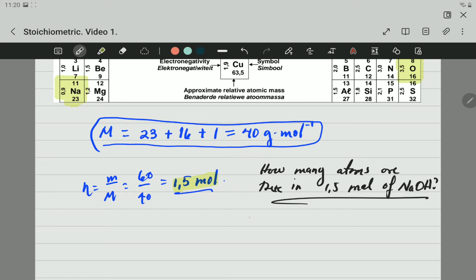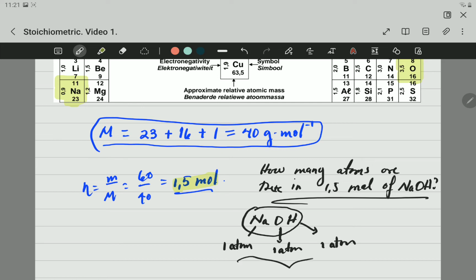Now be careful here. This is a formula unit, sodium hydroxide, NaOH. In 1 unit, we have 1 atom of sodium, 1 atom of oxygen, and 1 atom of hydrogen.